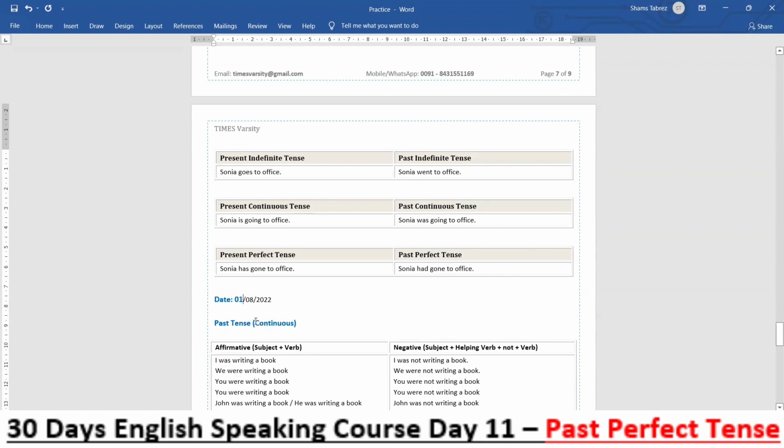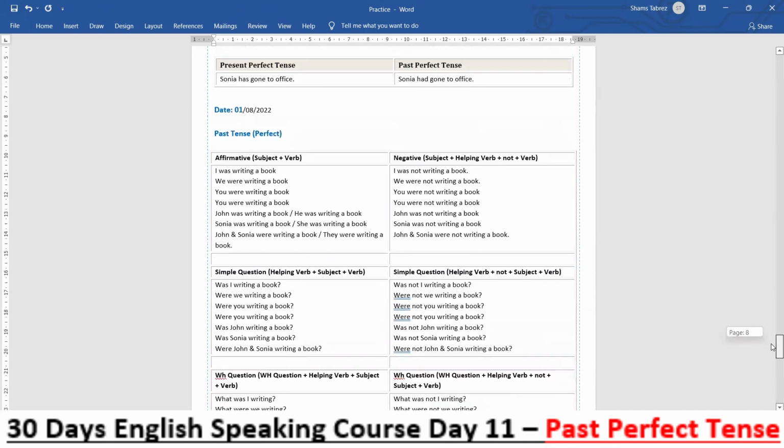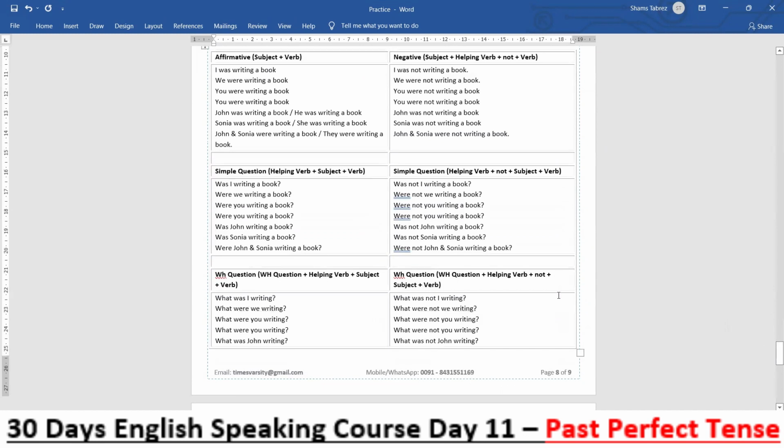In the past tense, we are discussing perfect tense, past perfect.